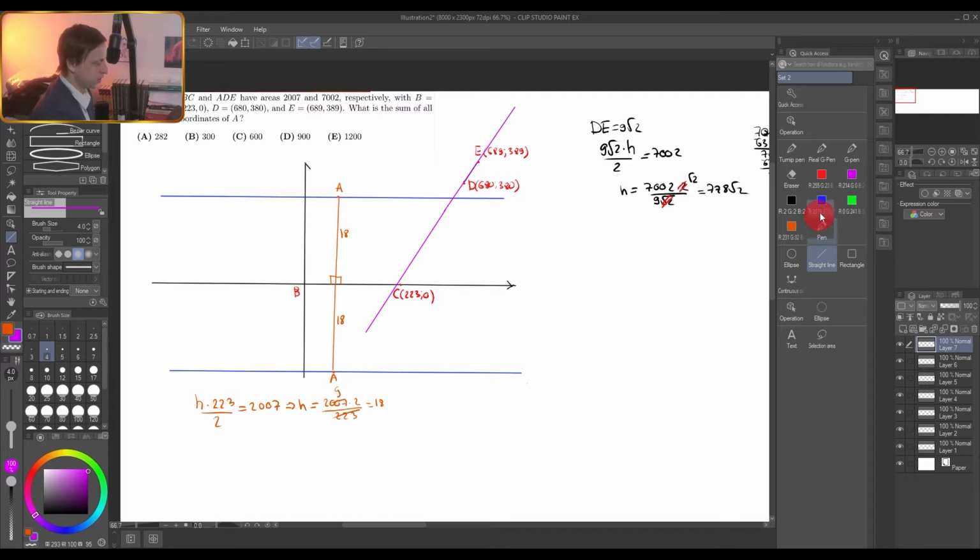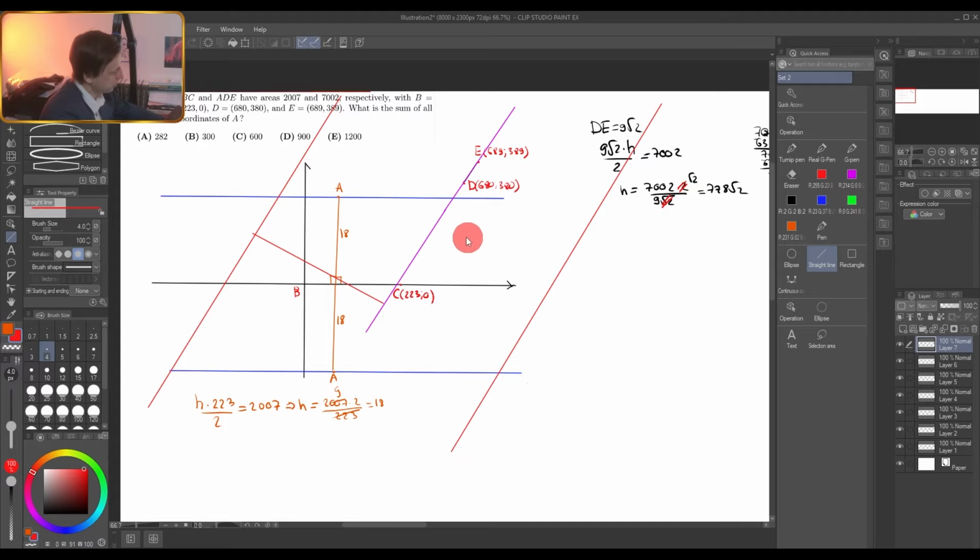We will tell that it is exactly the same story, that A can be on one parallel line, on one half plane from this one, or A can be somewhere here, right? So two lines, this line is parallel to this line, and the distance between these two lines is 778 times square root of 2, and the same is here.